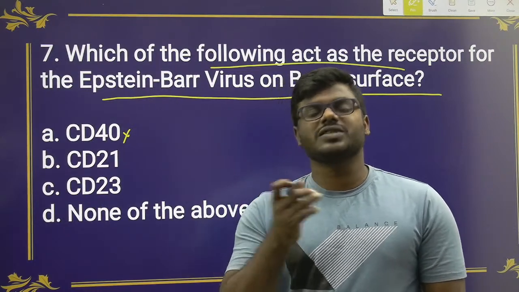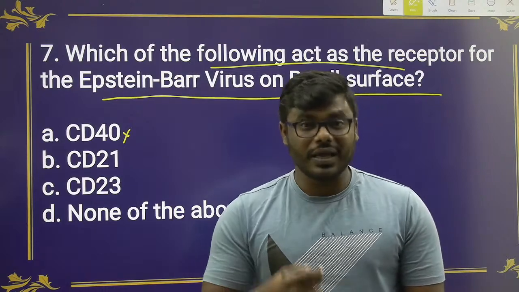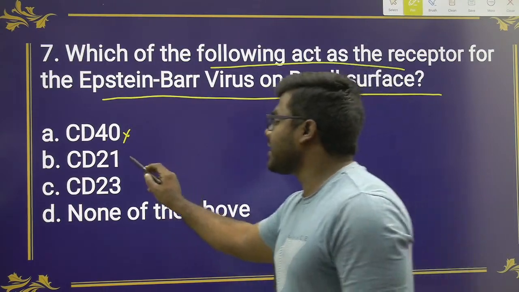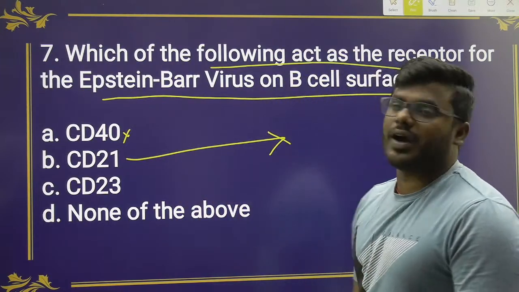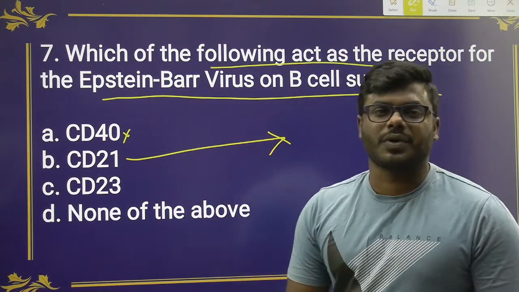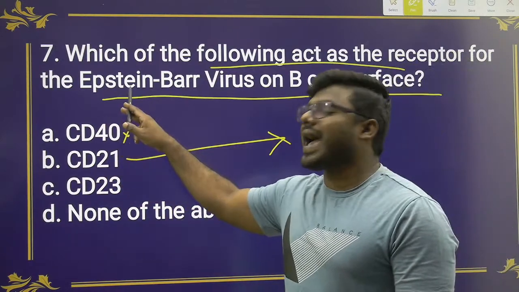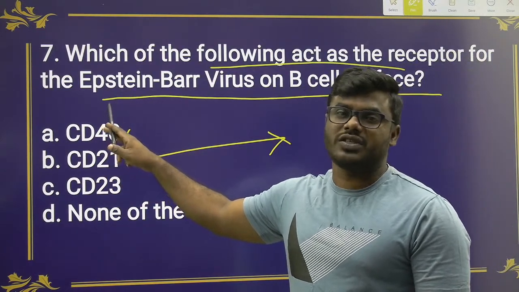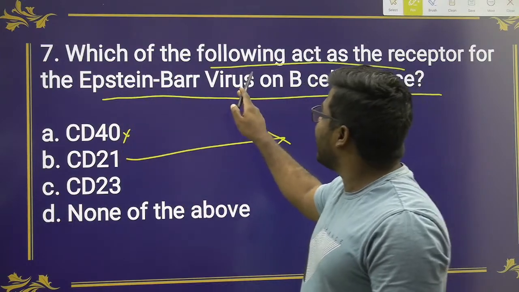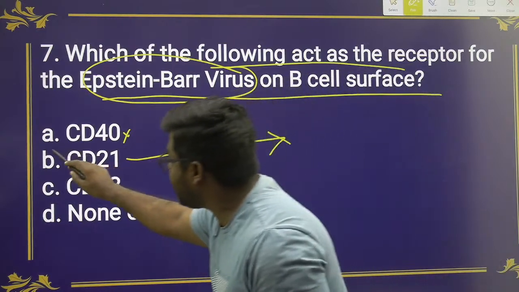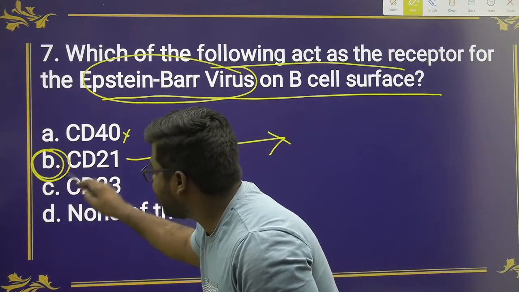They are present on the pro B cell or the pre B cell, not on the mature B cell. Whereas CD21 is the major receptor present on the B cell surface, which acts as the major receptor for the Epstein-Barr virus, which is option B, CD21.